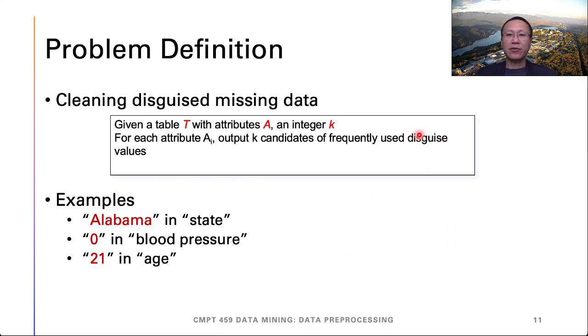Finding the disguise values is important because once you identify those suspect disguise values, then you can pay attention in your later analytics and try to avoid or compensate for any overestimate or ill effect caused by those disguised missing data.